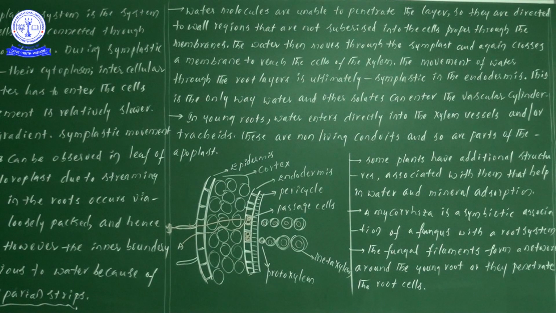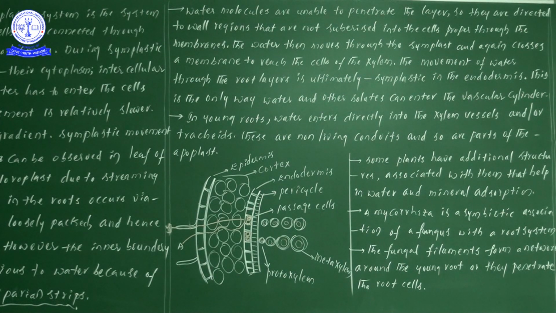This kind of appearance can be noticed even in the anatomy of roots. Okay, now let us move forward. The movement of water through the root layers ultimately becomes symplastic in the endodermis, and this is the only way water and other solutes can enter into the vascular cylinder.